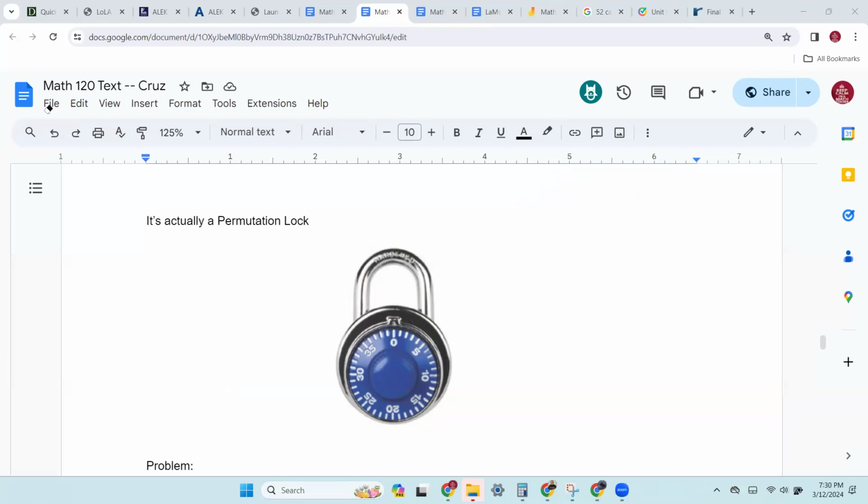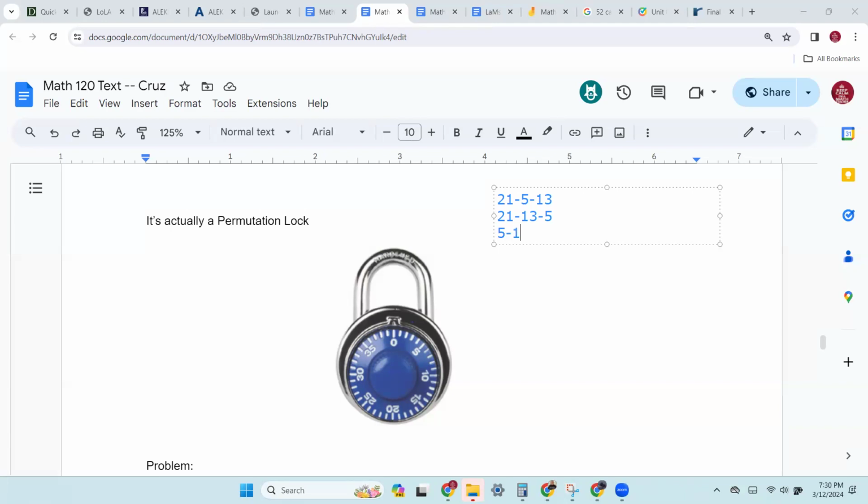And the reason being like 21, 5, and 13 is one combination, and 21, 13, and 5 is another combination. Hence, it's actually a permutation because the order is important.